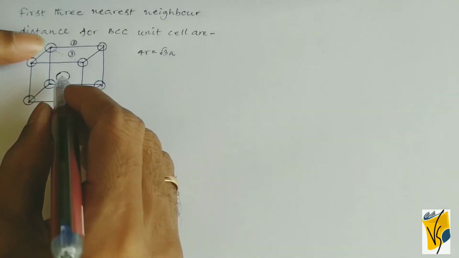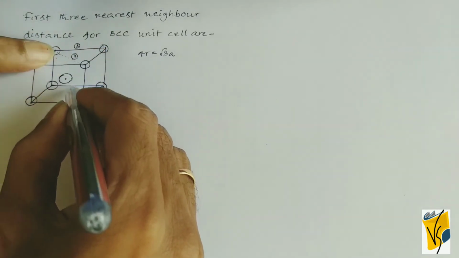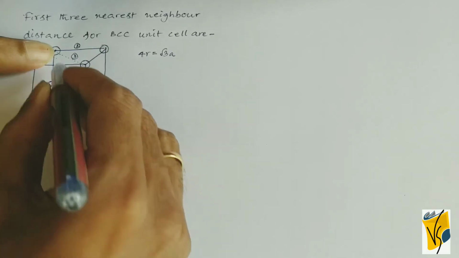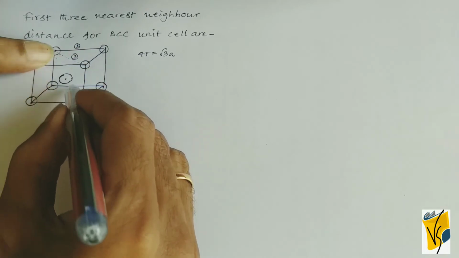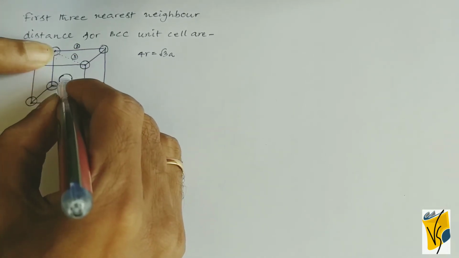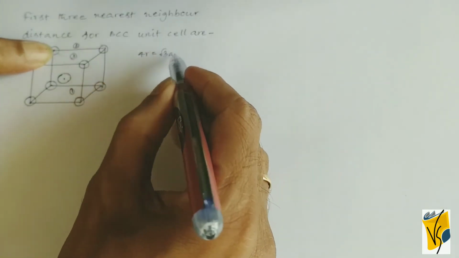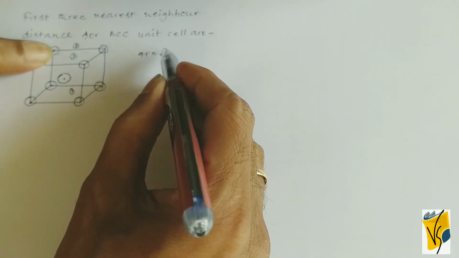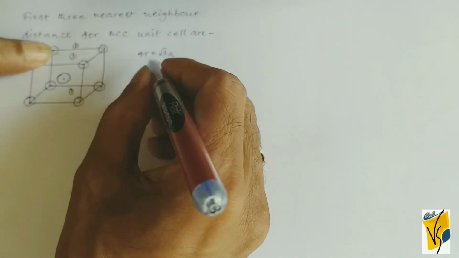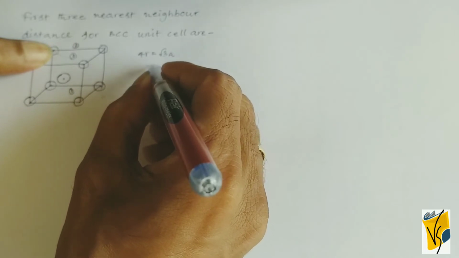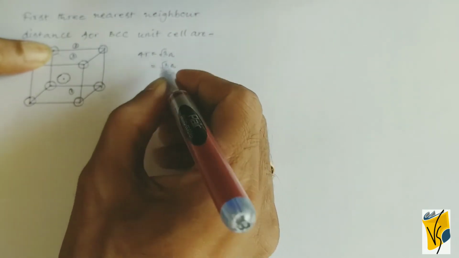Now what is the distance between these two atoms? This is the total distance in which 4 radii will be there, and the distance between these two atoms will be half of it. Half of this distance becomes the distance between two atoms. So the distance between the two atoms is given by root 3a by 2.